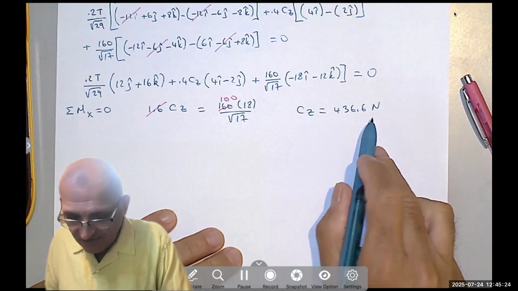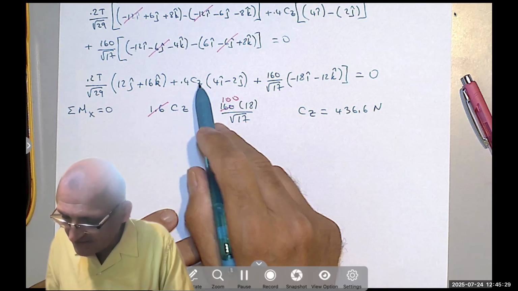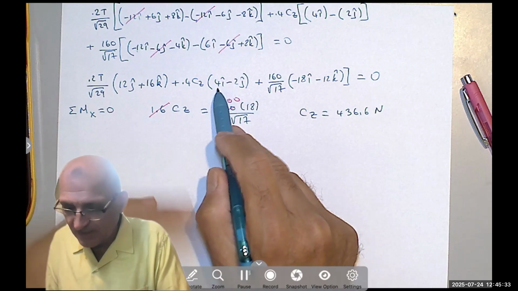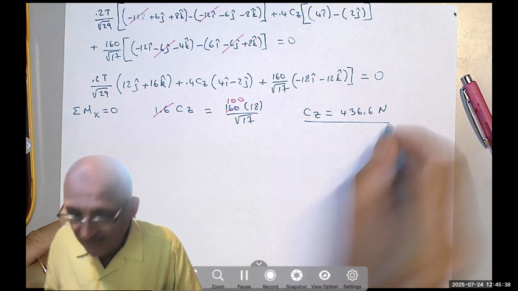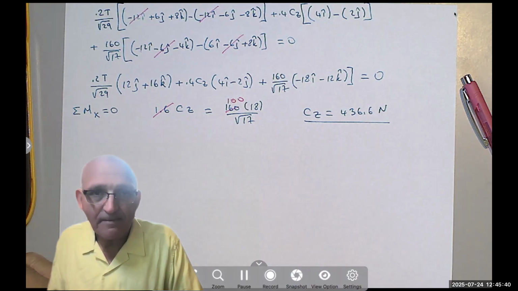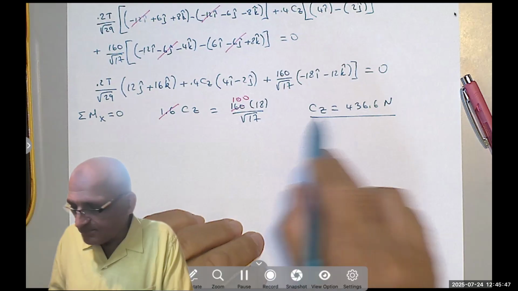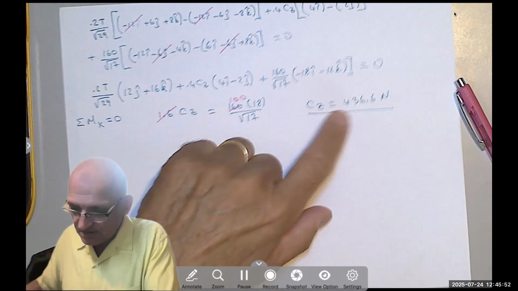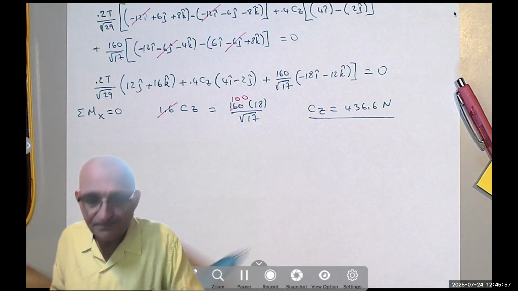If you want to write it in vector form, then you can say if Cz is 436.6, you multiply that by 0.4 times 4 to get the i component, times -2 to get the j component. But I already found Cz, right? I'm sorry, this is the moment. No, Cz is just in the k direction, right? So if you want to write it in vector form, you say 436.6 k.